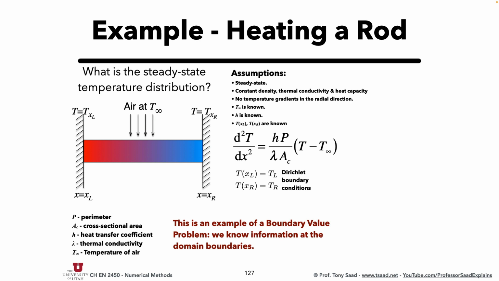It didn't change in space. It only changed in time. Here, we're assuming it's only changing in space, but not in time. Okay, so here we're going to see a temperature variation over space. So think of it as like you put the rod, you heated it, and at steady state, it achieved that temperature. It's not changing anymore in time.